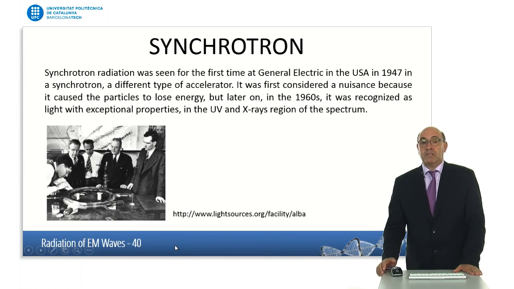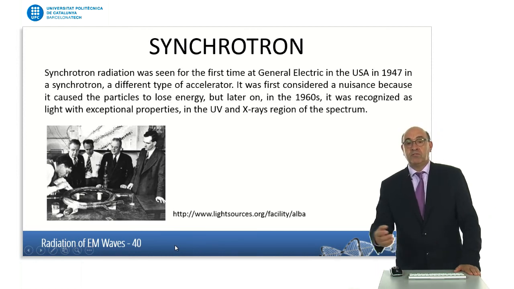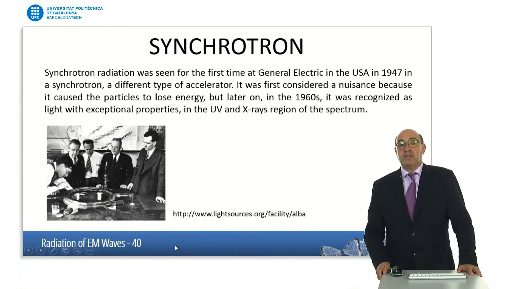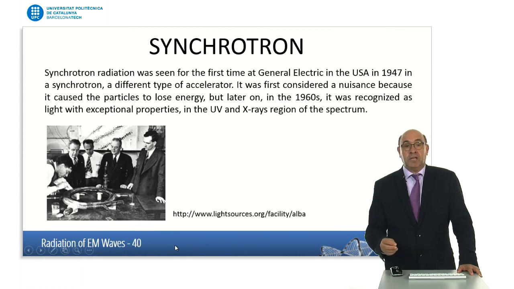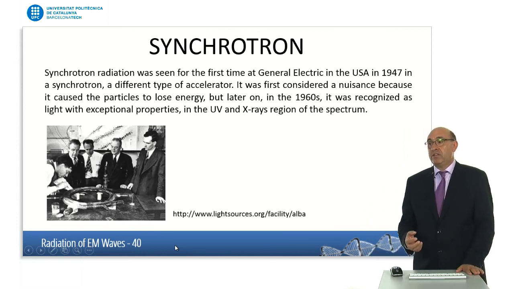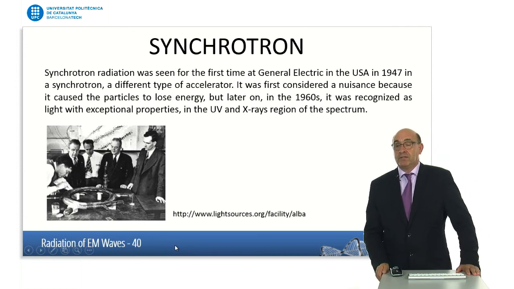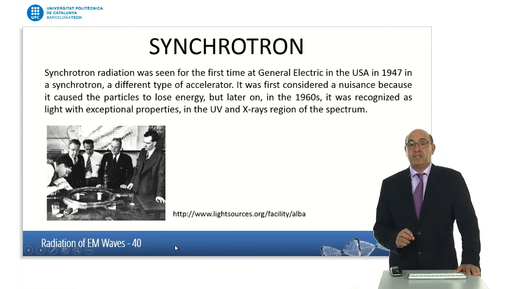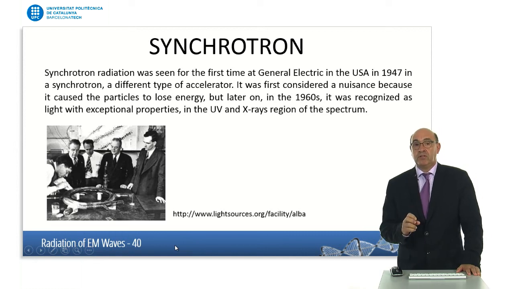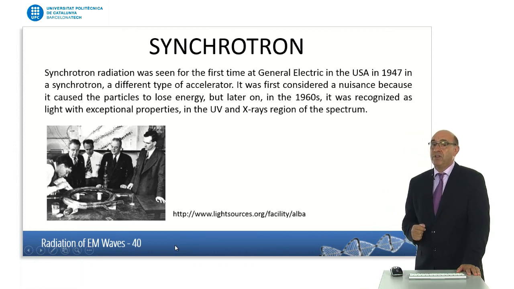What happens when an electron moves along a path that is controlled by a magnetic field and makes it describe circles? What happens in this case is that there is acceleration. Although the velocity of the electron is constant, along the path there is an acceleration.